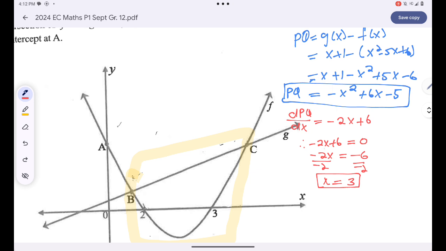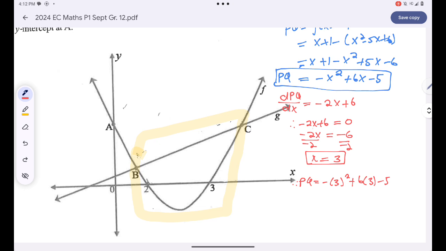All I need to do is substitute the value of x over here so that I can find the maximum distance. So therefore, PQ will just be equal to minus 3 squared plus 6 times 3 minus 5. This is basically negative 9 minus 5, that's negative 14.